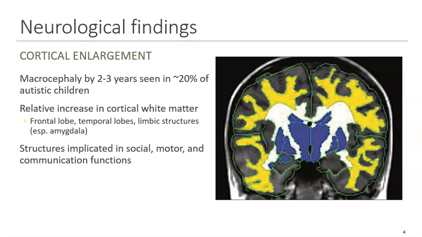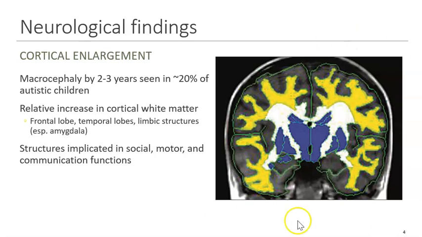So we see this relative increase in the cortical white matter in the frontal lobe, temporal lobes, as well as the limbic structures, especially the amygdala, which again, remember, we do see some emotional deficits in these patients. So that's probably associated with this increased white matter in the amygdala. And then structures implicated in social, motor and communication functions have also been shown to have some cortical enlargement.